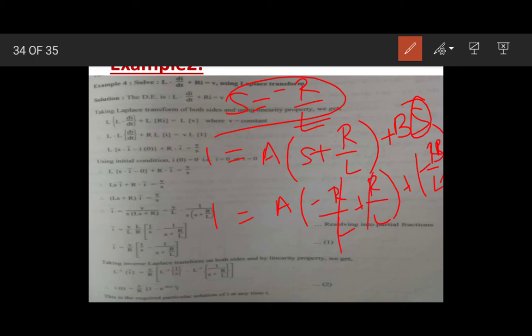So finally I get 1 is equal to minus R upon L B. So B is minus L upon R.